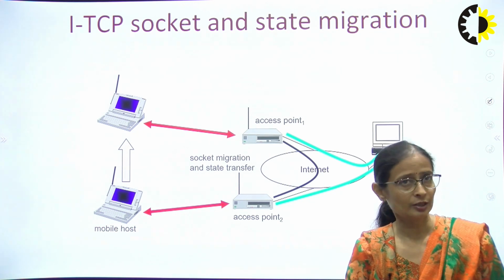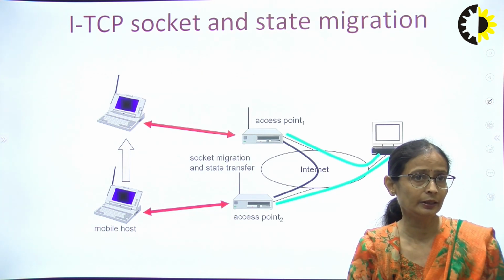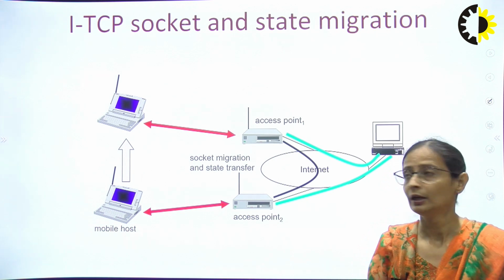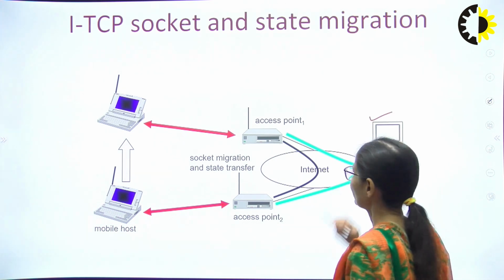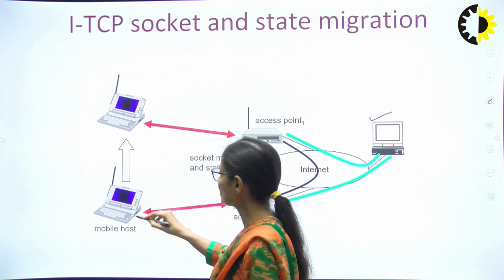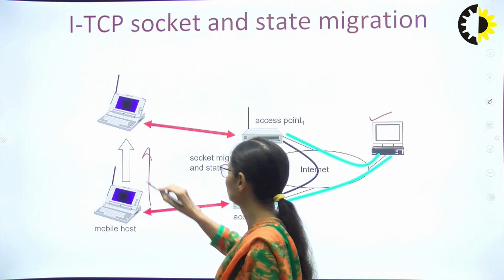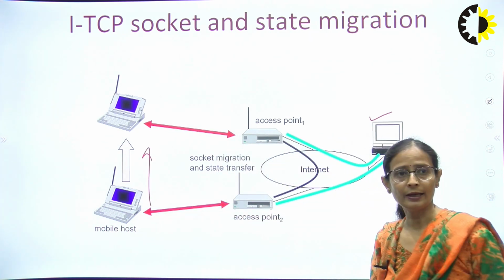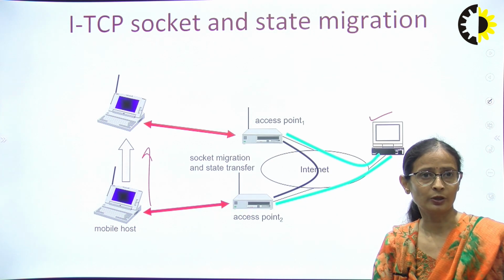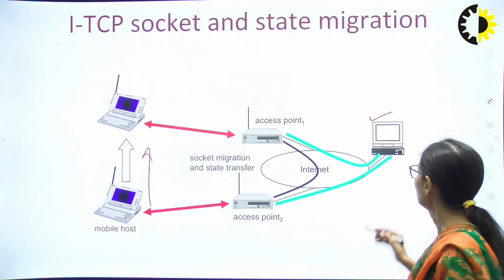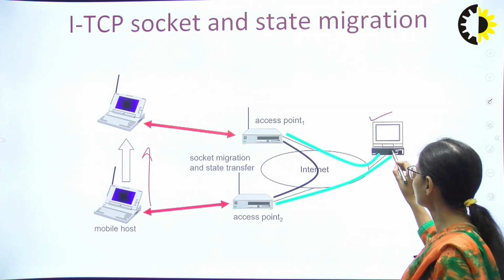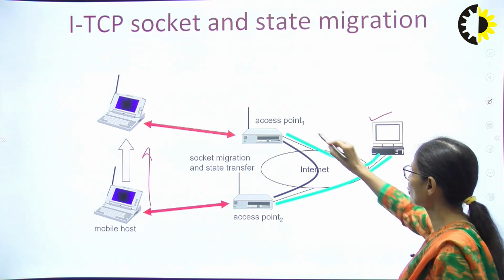And how is migration handled in I-TCP? When the mobile host has moved from here to here, we have changed the access point. Now, what is happening? This is your access point 1.